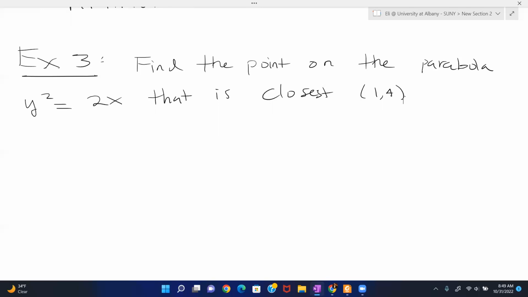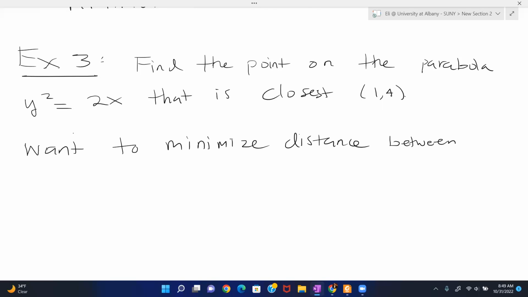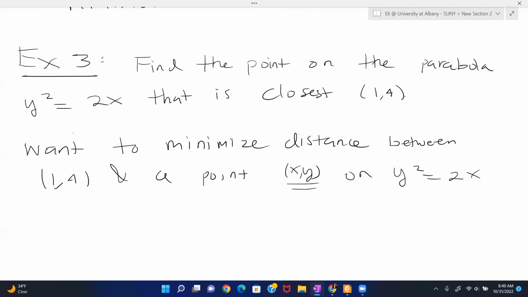So what we want to do is minimize the distance between (1, 4) and a point (x, y) on y squared is equal to 2x. And then we want to work out what that point has to be. What are the coordinates of this point?